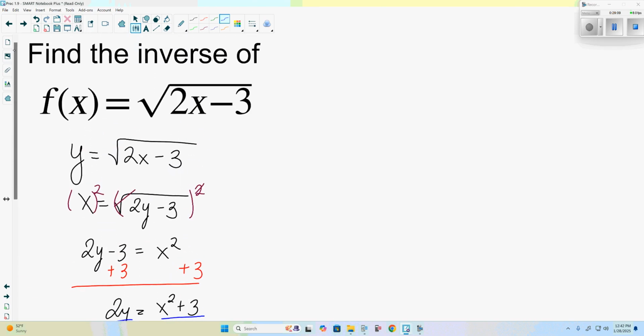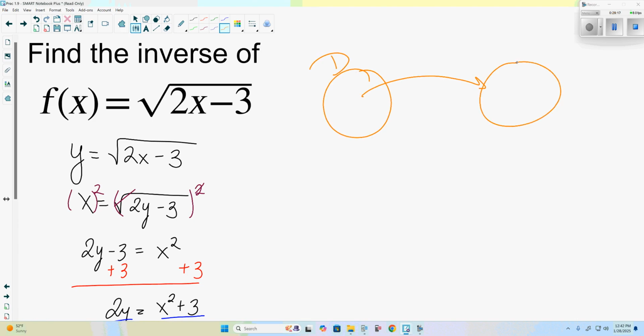Now, we do have to put some restrictions on this here, because again, the function is taking the domain to a set range for f of x. And our inverse is taking the range back to the corresponding domain.